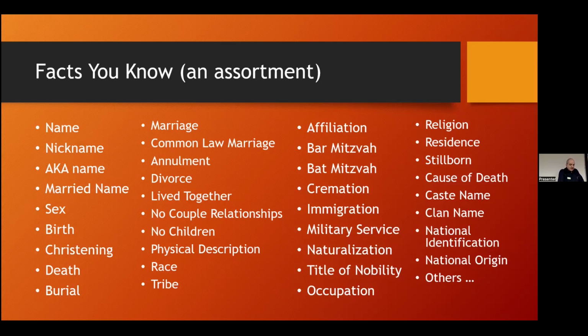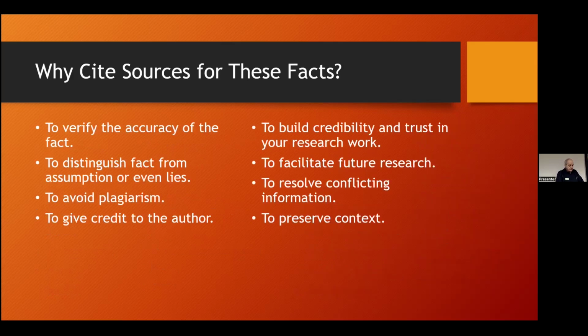But good family history research is not just the names and dates. It's also knowing what they did, how they lived, who they lived by, what's the history of the area they were in. So why do we do these sources?